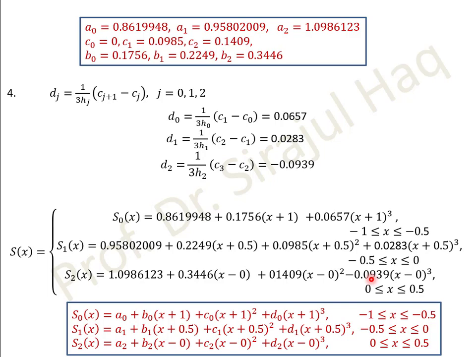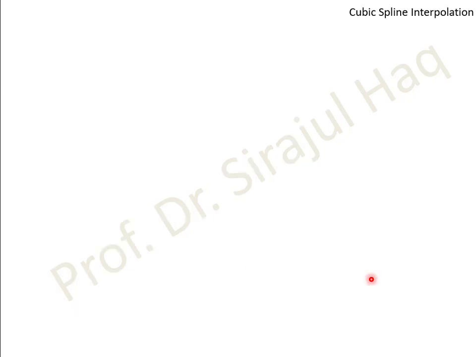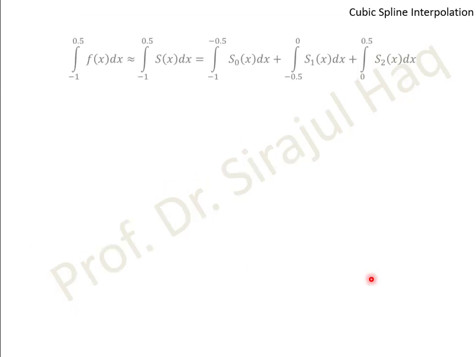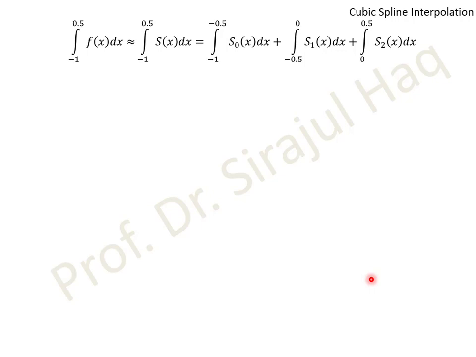For example, someone asks you that you replace your data by the spline, but find out the area bounded by your data points. So what you will do, you will do the integration from -1 to 0.5 of f of x dx, because f of x has been approximated by your spline.